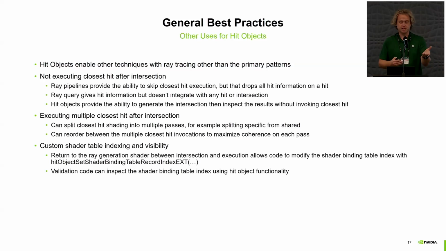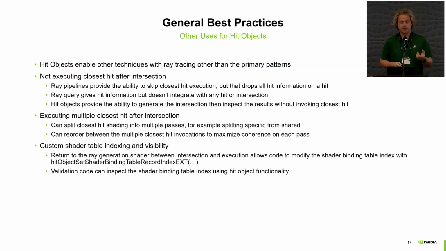You can also execute multiple closest hits after an intersection. In the previous example, I was showing a way to call common code directly from the ray generation shader, but an alternate way to implement that would be to synthetically point it at a hit group that does the common code, execute the common code with that hit group, and then come back and repoint it back at the original hit group and execute that again.